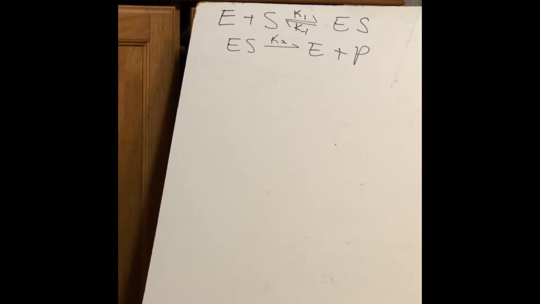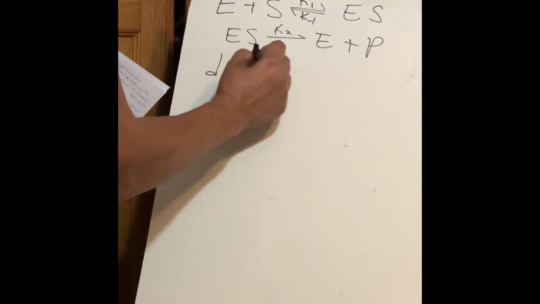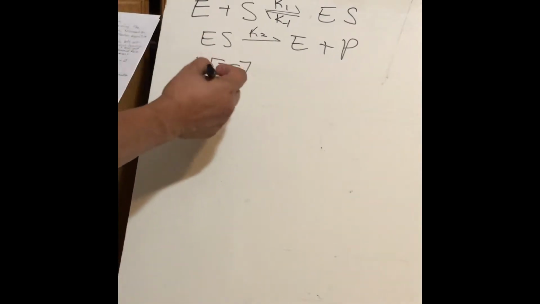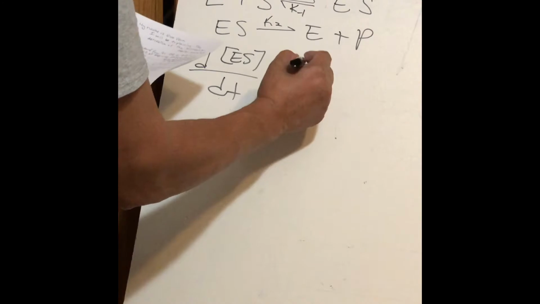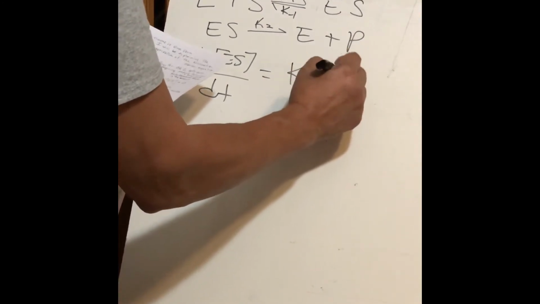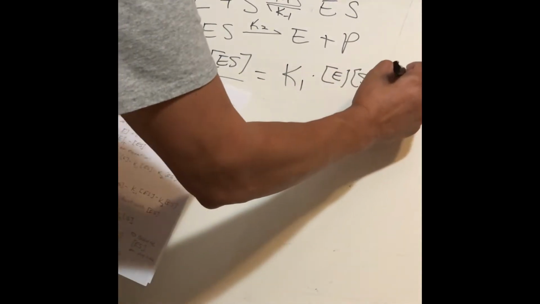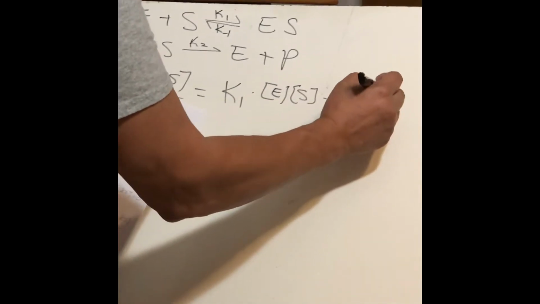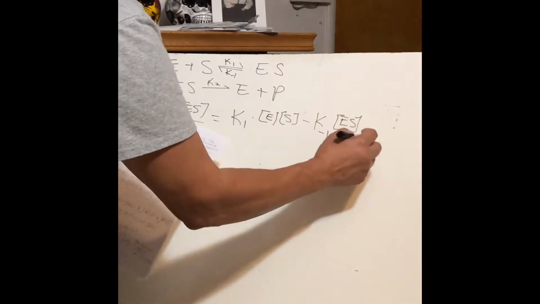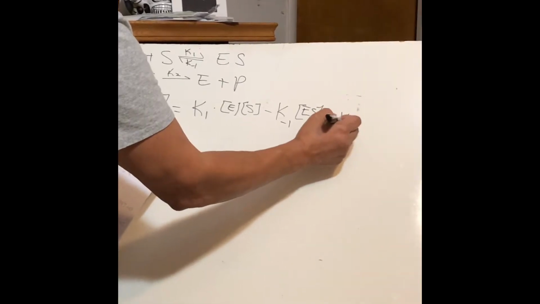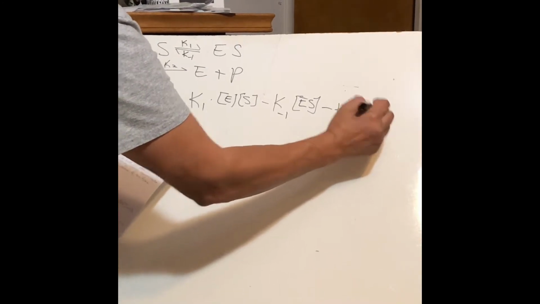The instantaneous rate of change of the formation of ES, we can write d[ES]/dt equals K1 times the enzyme concentration times the substrate concentration minus K negative 1 times the enzyme substrate concentration minus K2 times the enzyme substrate concentration.